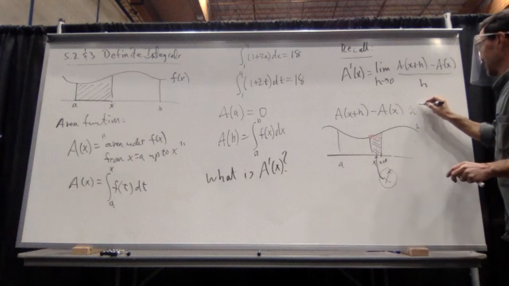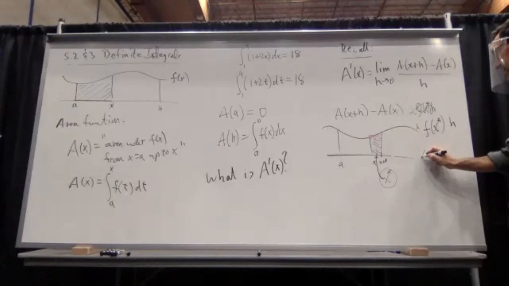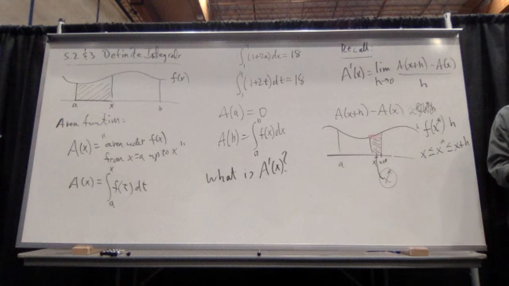And so the functional value there, where this x star is some number between x and x plus h. Okay.